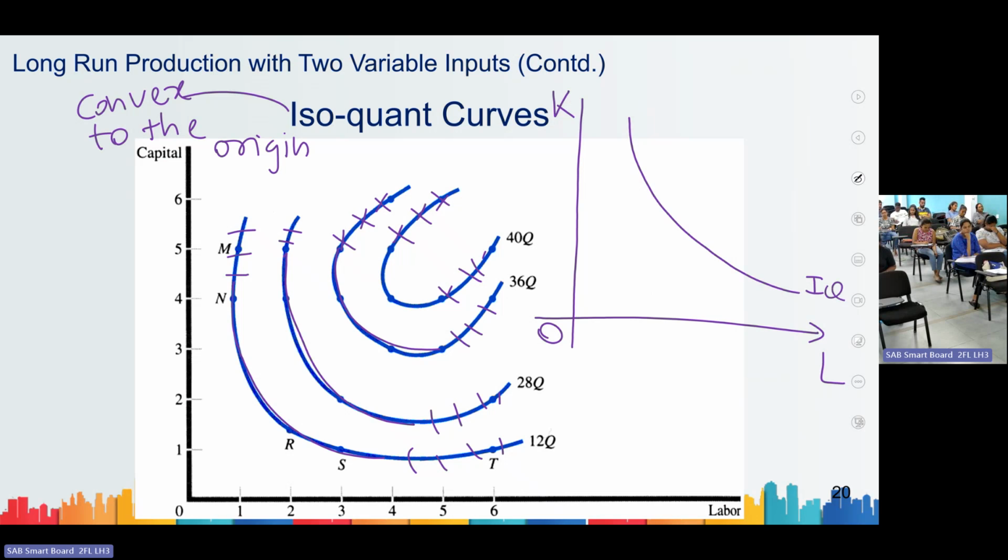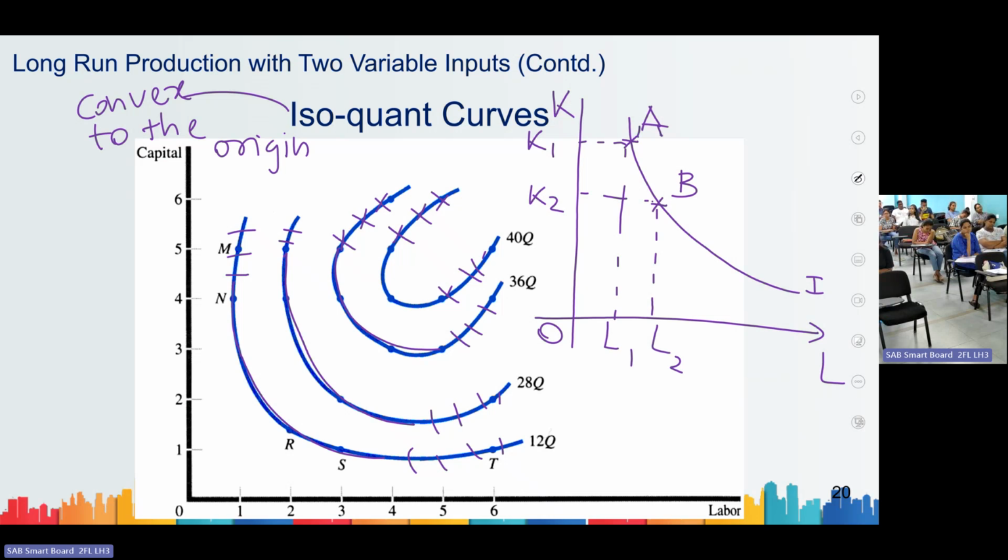So what is the slope of this isoquant curve? The change between 2 points. This is point A, with K1 and L1, and this is point B, with L2 and K2.